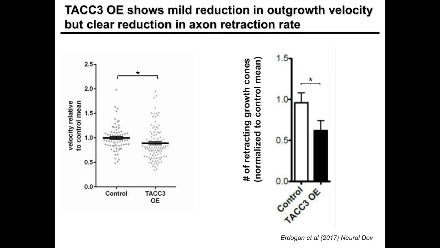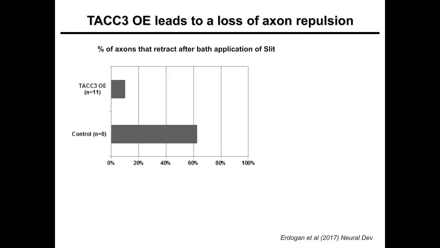And so these axons would grow more persistently over time, and so after a day of growing, the axons would end up being longer. We wanted to know if this change in persistence could reflect how axons might respond to guidance cues.